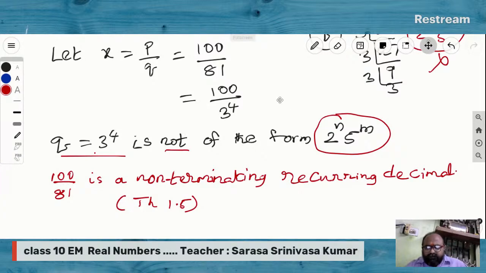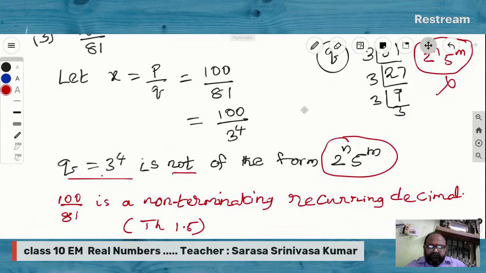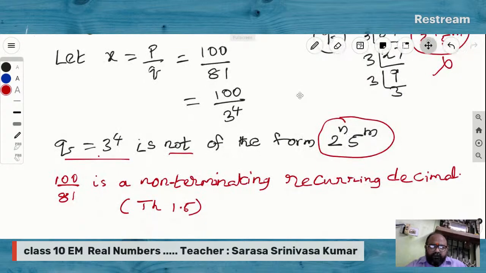Now we find the prime factors for 81, so we got 3 power 4. So the given number can be written as 100 by 3 power 4. 3 power 4 cannot be written in the form of 2 power n 5 power m.